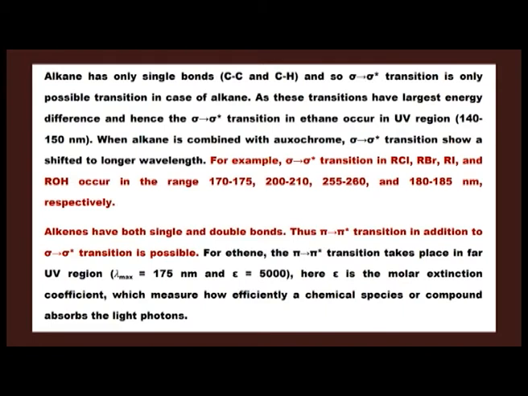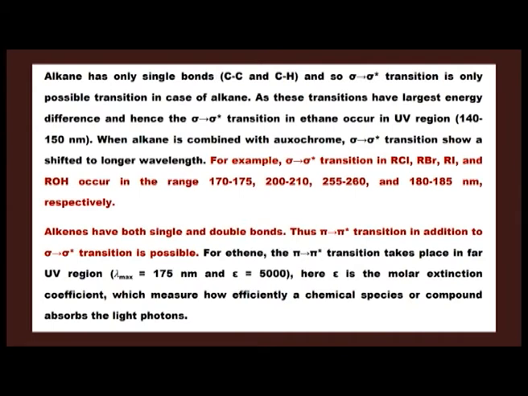Alkenes have both single and double bonds, thus the sigma to sigma star transition in addition to the pi to pi star transition is possible. For ethene, the transition takes place in the far UV region, lambda max equal to 175 nanometer and epsilon equal to 5000. Here, epsilon is the molar extinction coefficient, which measures how efficiently a chemical species or compound absorbs photons.